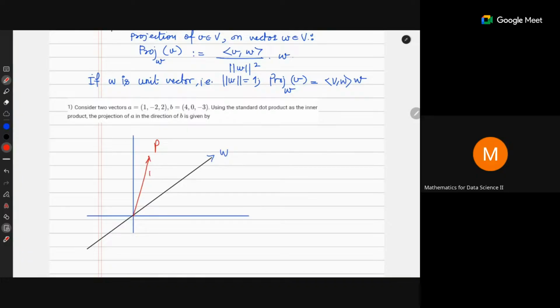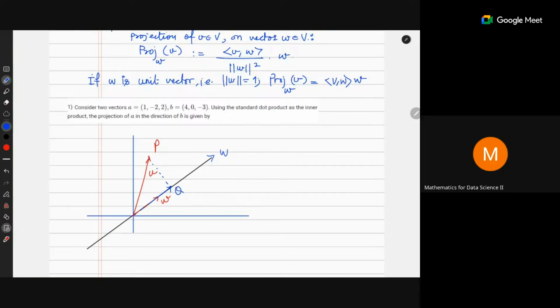Because the subspace W also has some unit direction W in it, if you want to find the minimum distance between P and this line W, the way to do it is to project V onto W. Once you project it onto W, you will get this vector.